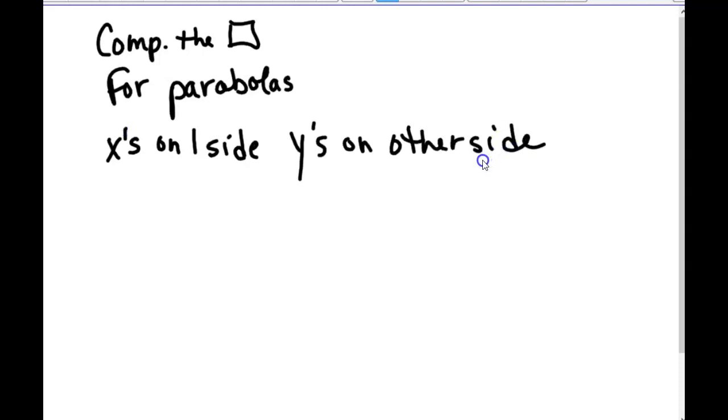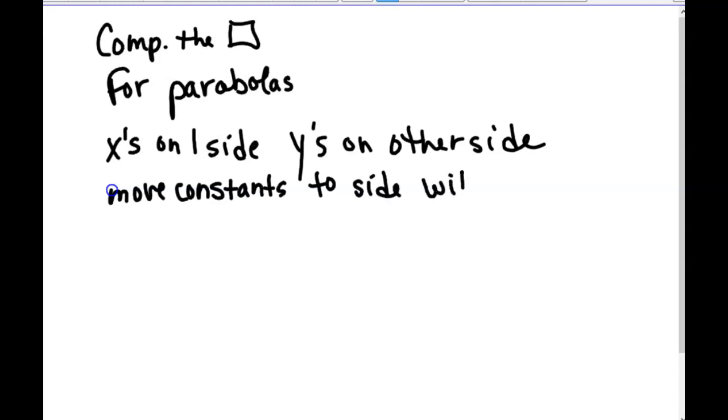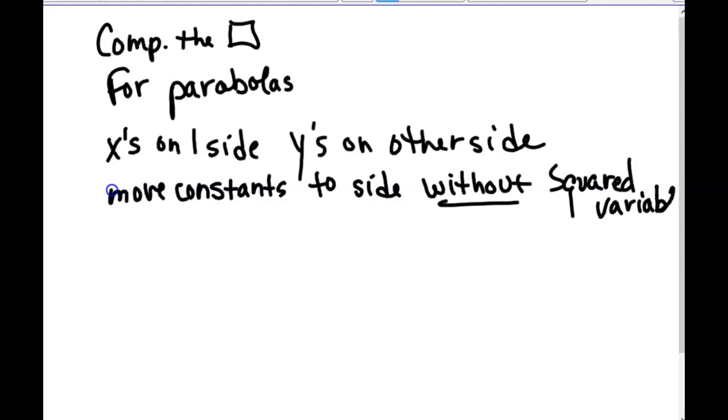And you want to move the constants all to the side with the not squared. All right, and then you'll be able to complete the square.